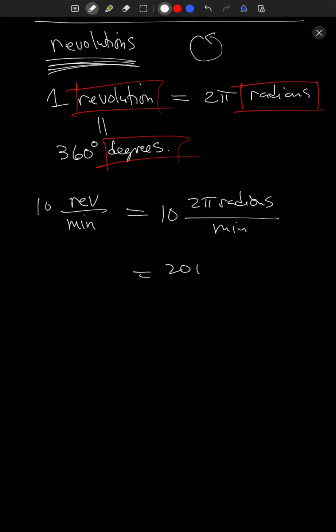And so this would be 20 pi radians per minute. And again, just a quick check. 20 pi is much bigger than 10, right? And that's what we expect because one revolution consists of many, many radians. And so 10 revolutions per minute should consist of much more than 10 radians per minute.